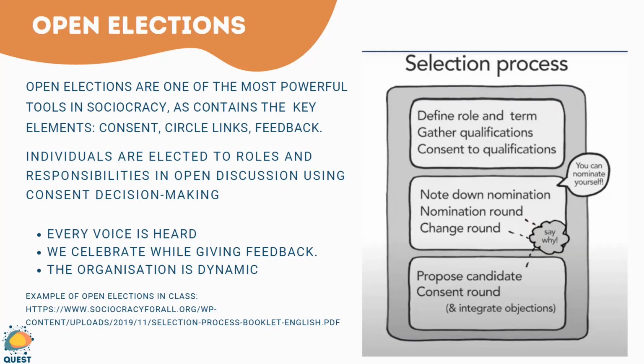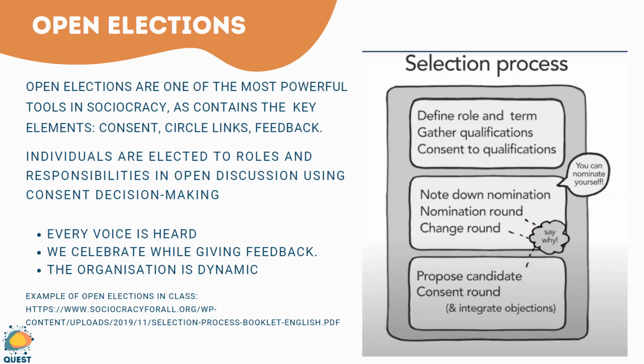Then we have a second round in which we can change our idea, and it often happens that some people change their mind and there is an alignment. Then the facilitator proposes a candidate, and this proposal is not based on the majority, on more people supporting one candidate, but on the qualifications, on the elements that everyone brought up to support a candidate.